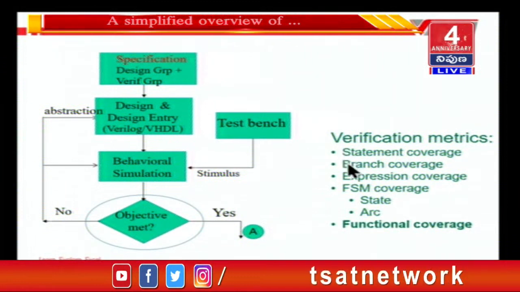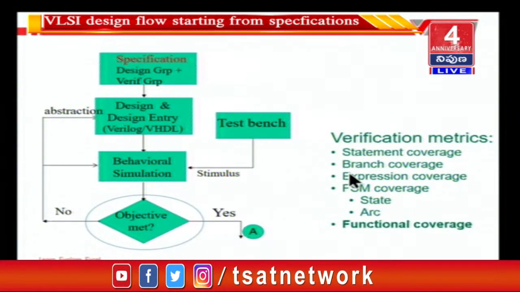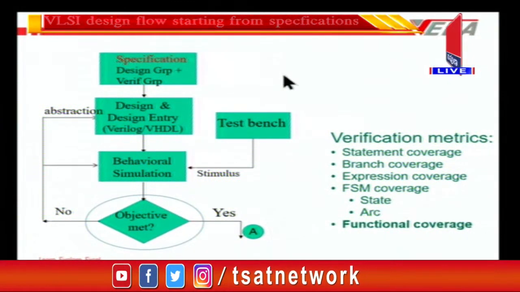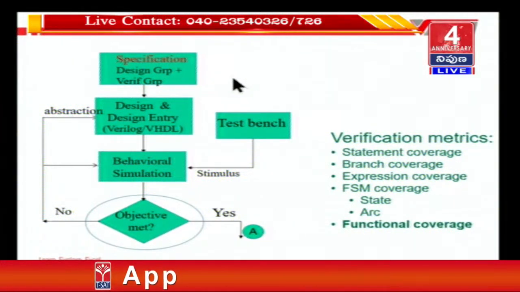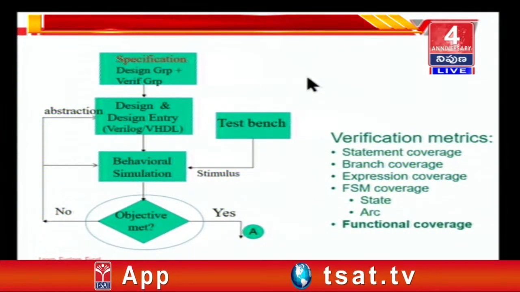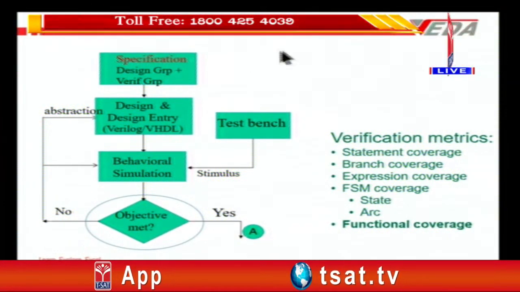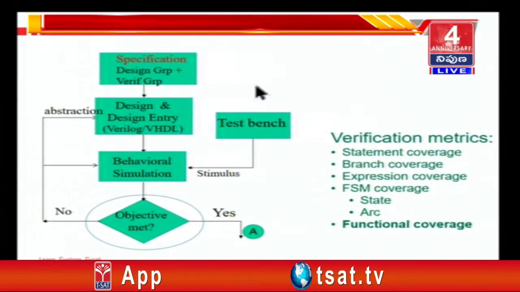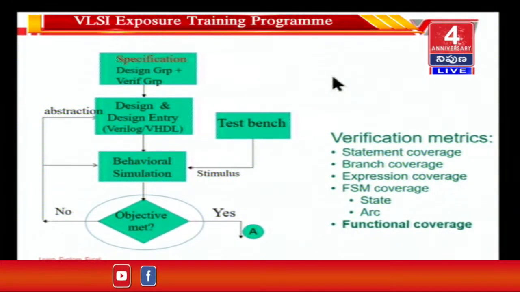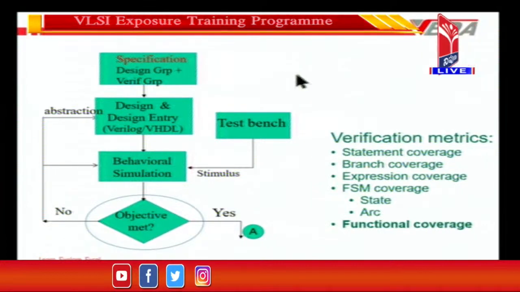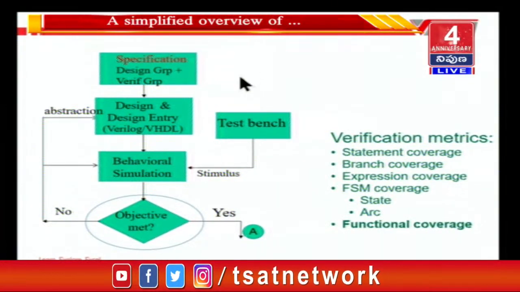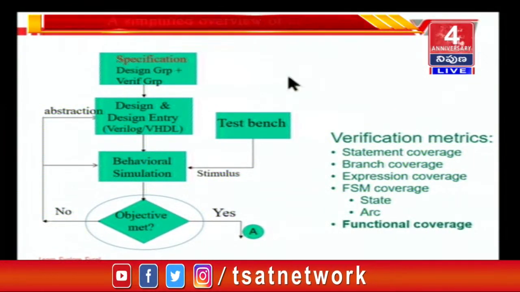So now expression coverage tries to see whether y has become 1 due to A, whether y has become 1 due to B only, or y has become 1 due to C only. That means when A and B are 0, C is 1, or A is 1 and B, C are 0, and A and C are 0 and B is 1.